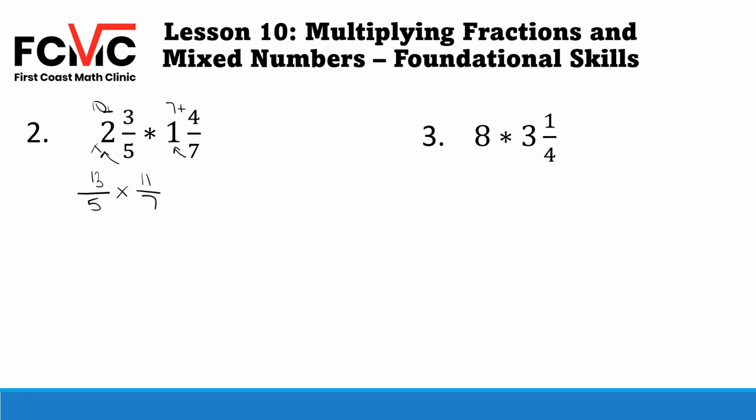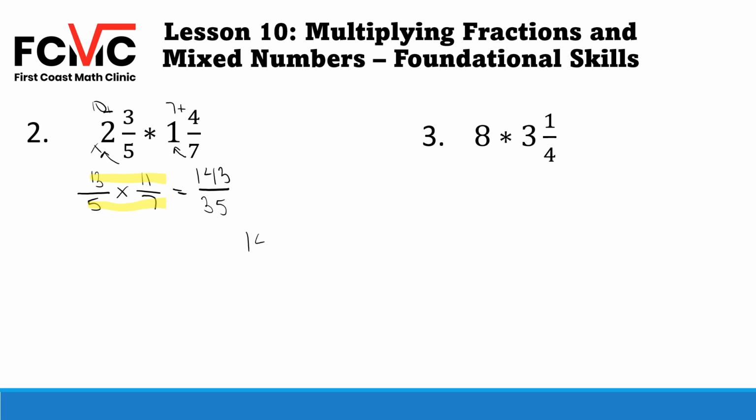And now we can just use our rules for multiplying fractions, where we multiply straight across. 11 times 13 is going to give us 143. 5 times 7 is 35. And let's see if we can convert this back to a mixed number.